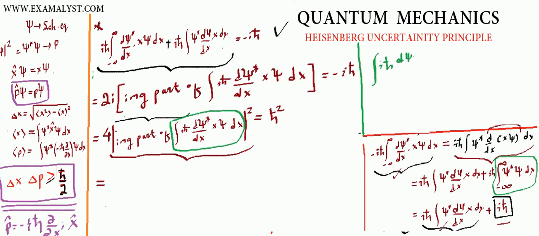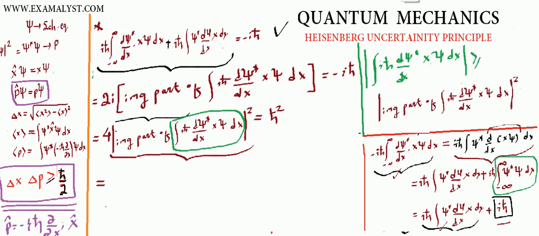dψ*/dx into xψ. So if I take this entire function and do a modulus of this function, then of course the modulus of this function will have a value greater than the imaginary part of the same function.